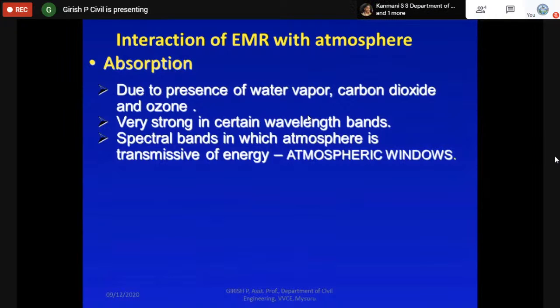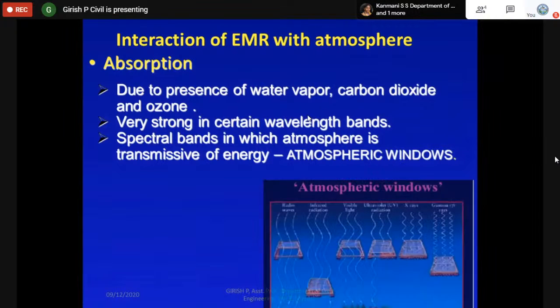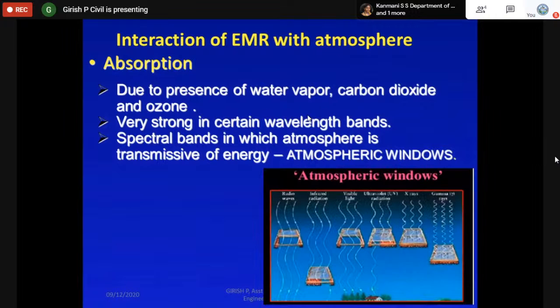In other words, an atmospheric window is the electromagnetic radiation that passes through the atmosphere. If I look at that figure, it shows how the various radiation, whether shorter wavelength, longer wavelength, or intermediate wavelength, is transmitted from one layer to another. Such a process is called an atmospheric window.